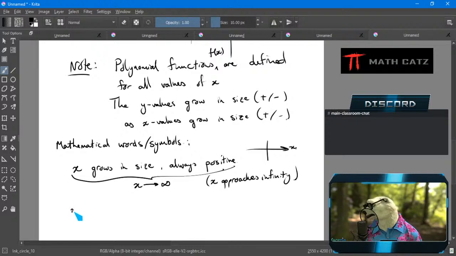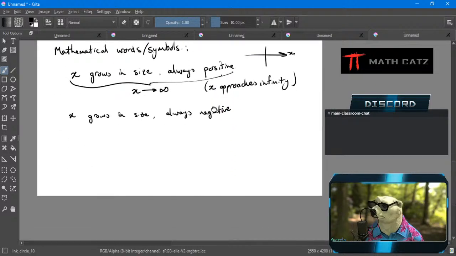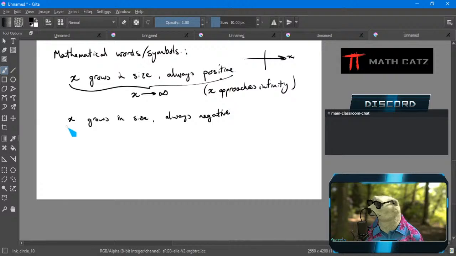Okay. Then, if I go in the opposite direction, the x values grow in size. If I look at the absolute value, then the size of the number, but always negative. I'm going to indicate that with x, of course, my variable name.